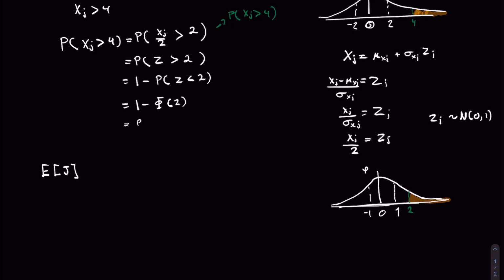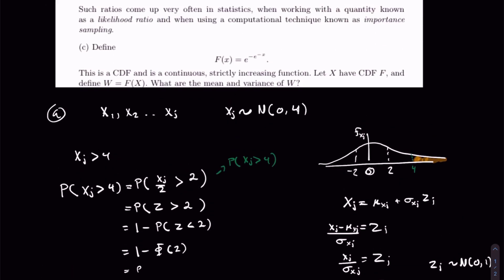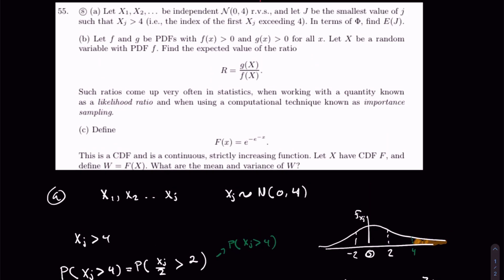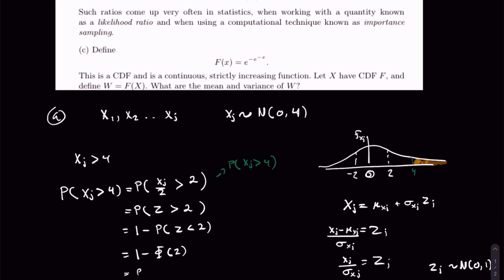J is really a geometric distribution, because we're asked to find the event where the index of the first xj exceeds 4. So it could be any of these random variables occurring independently, and any of them can exceed 4 at any point with probability defined here by this p.